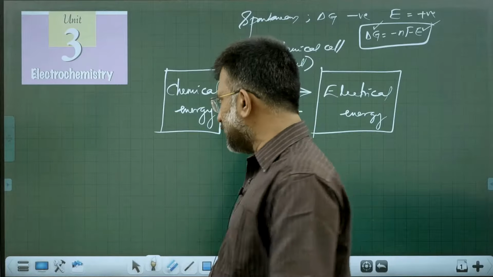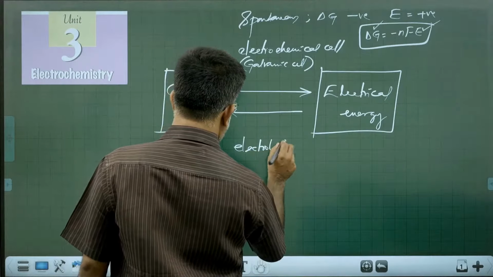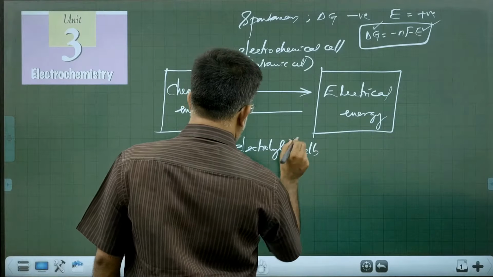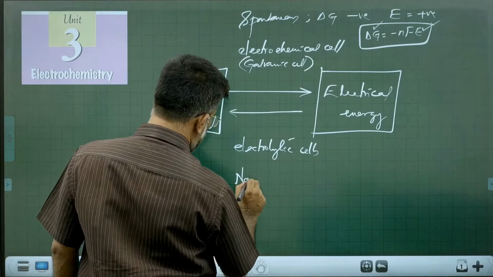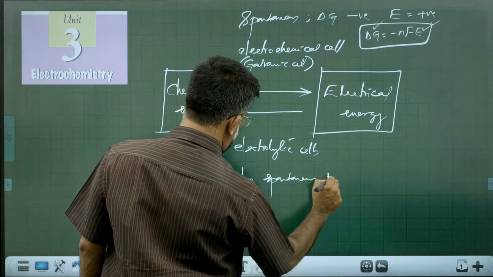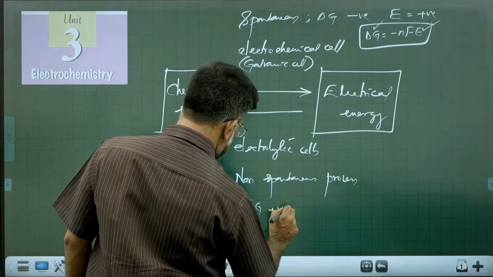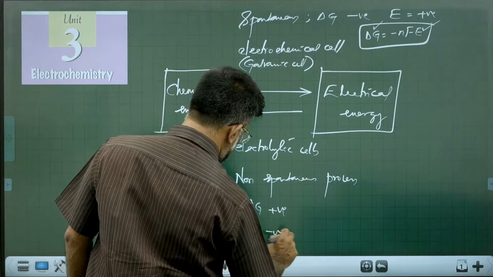We call these electrolytic cells. That is a non-spontaneous process where delta G is positive and EMF is negative.